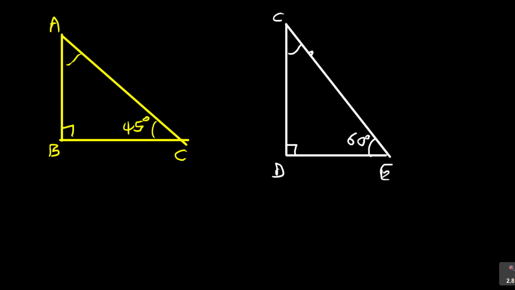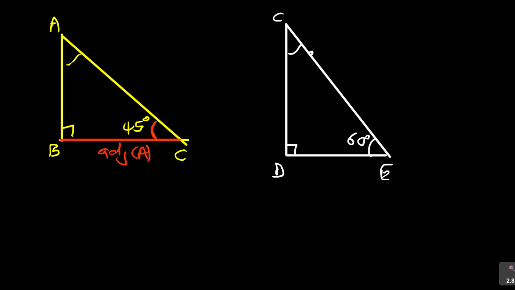So every time, for example, you see the 90 degrees, if along the same line there is an angle, in this case the 45, they are adjacent to each other, so we call that the adjacent side, or we can use the letter capital A.